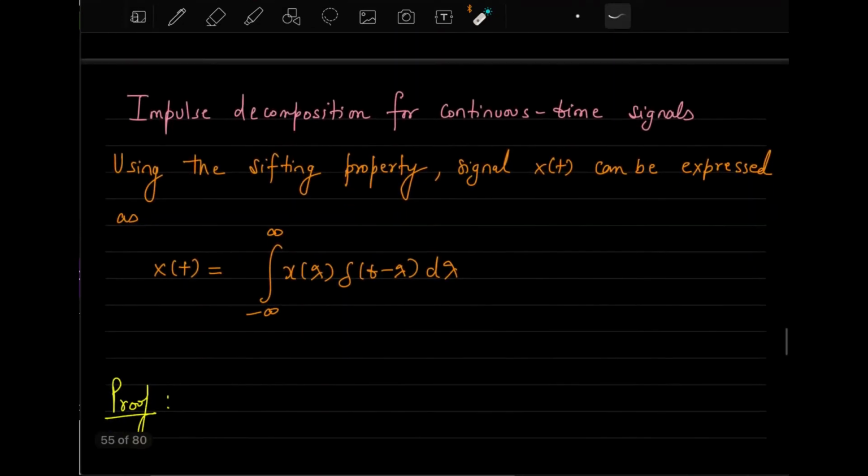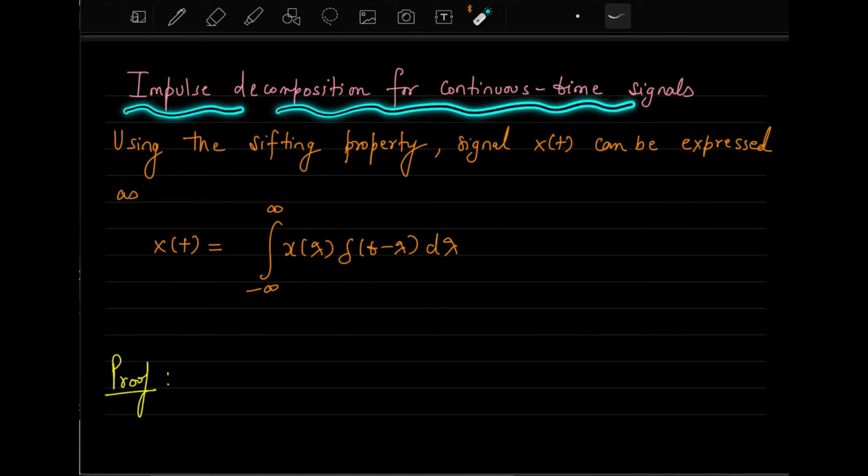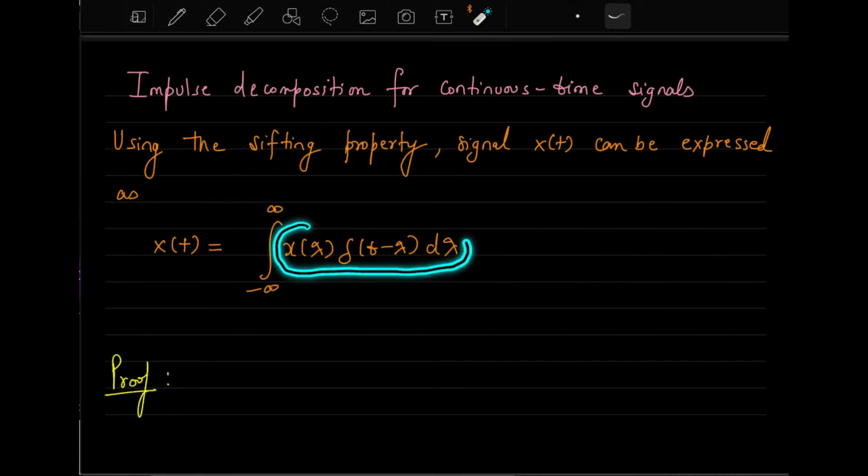Now we are moving towards the next part of the topic, which is the impulse decomposition of continuous time signals. Impulse decomposition for continuous time signals. If you observe this, this is basically the shifting property that we were using here. Now what we are doing is integrating over this variable lambda for the whole range from minus infinity to infinity.